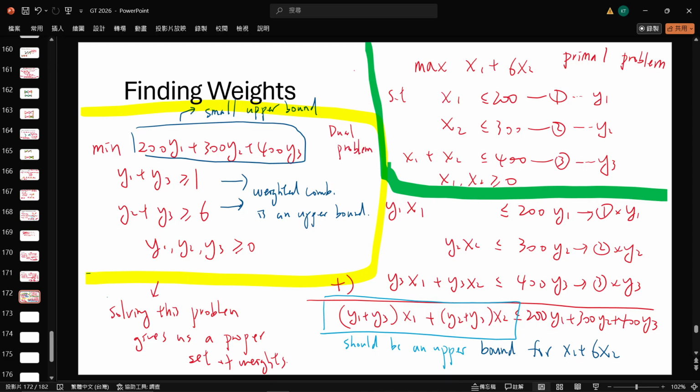And this problem transformation is called primal dual transformation, because it transformed the original primal problem into a new dual problem. And the purpose of this dual problem is to give you some upper bound.